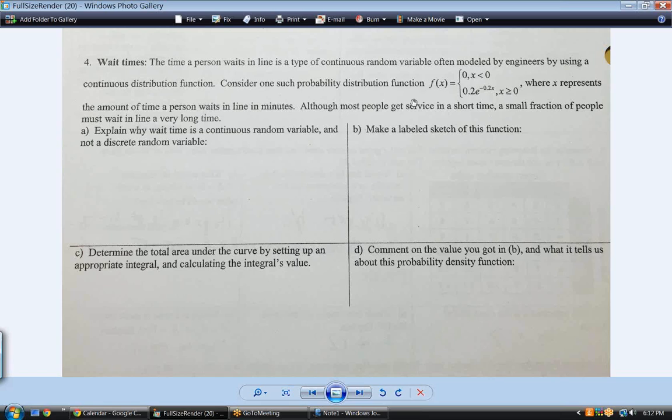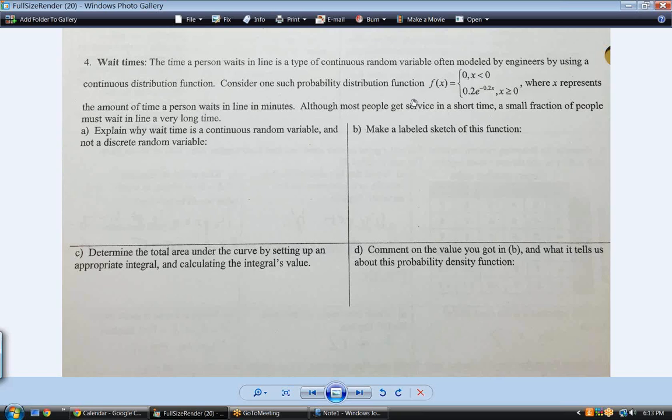Explain why wait time is a continuous random variable and not a discrete random variable. Well, I guess the explanation for that would be a person can wait in line 2.5 minutes. It's continuous, or 2 minutes and 12 seconds.